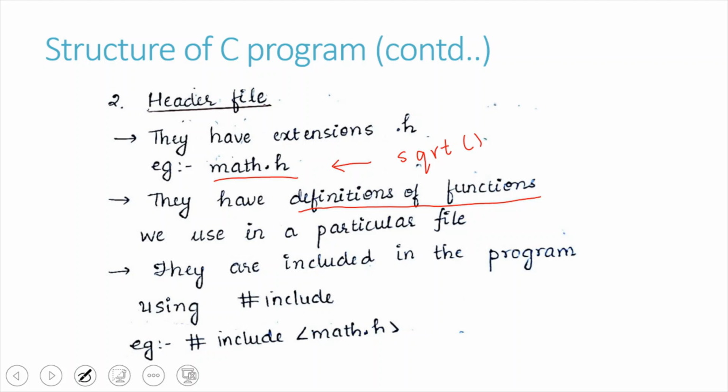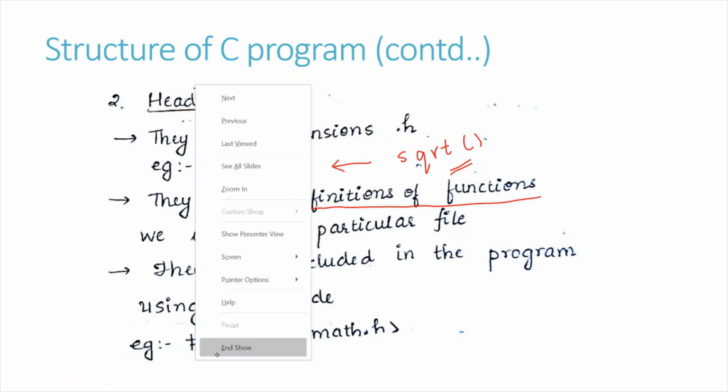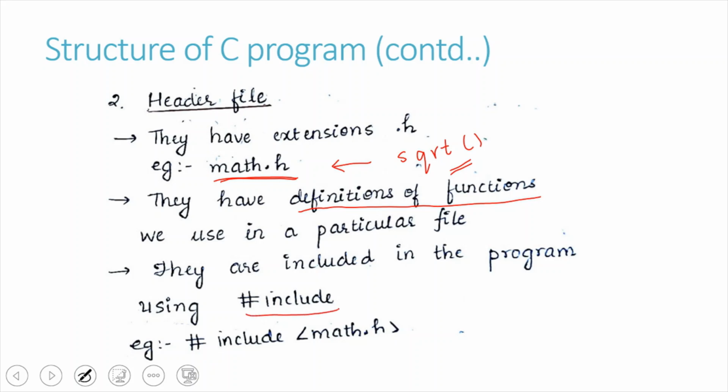So if we are using square root in our program, then we have to include math.h. And this header file is included into a program using this statement, that is #include. So #include, and within angular brackets we will write the name of the header file. This .h is an extension which shows that it is a header file.